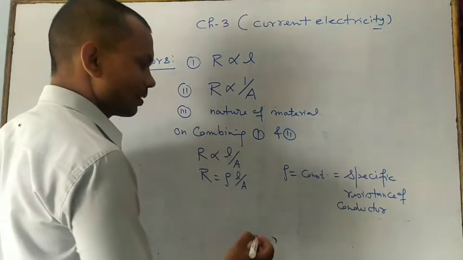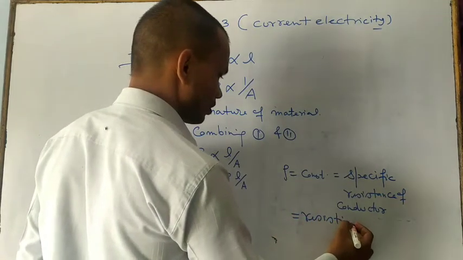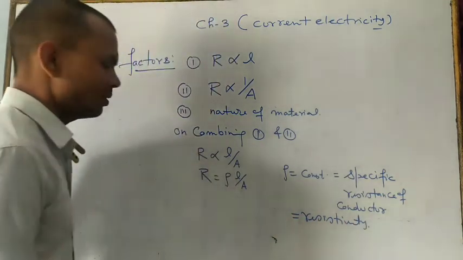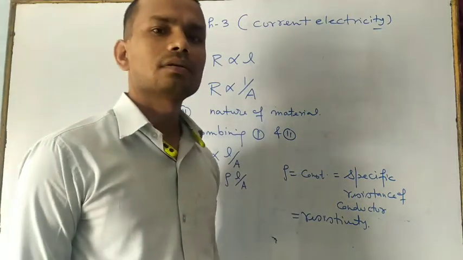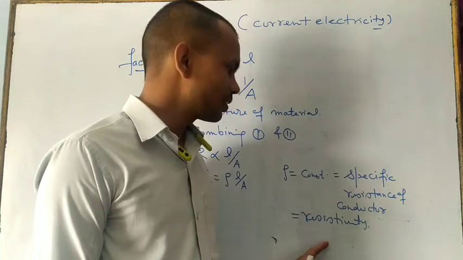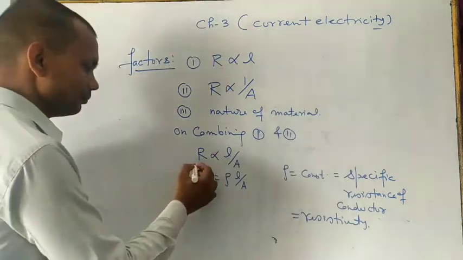Specific resistance, or this is also known as resistivity. So after discussion of this, we are getting another physical quantity. This is known as resistivity, or specific resistance of a conductor, right?